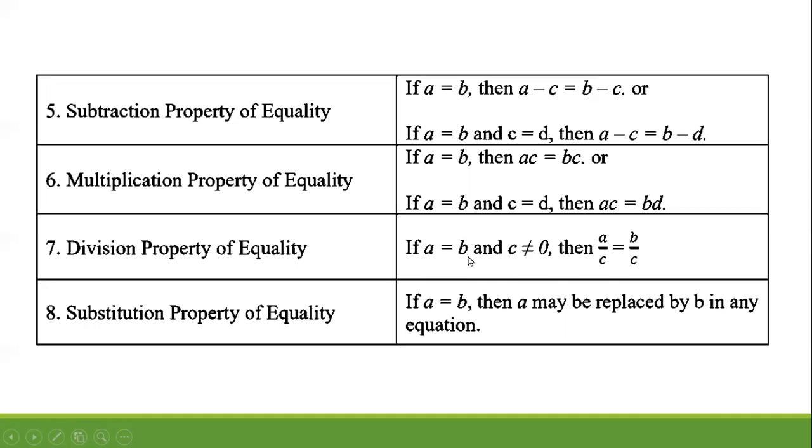Okay, if A equals B, then C is not equal to 0, then A divided by C is equal to B divided by C. Okay, substitution property of equality. If A equals B, then A may be replaced by B in any equation. So, pwedeng mapalitan ni B si A through substitution property of equality.